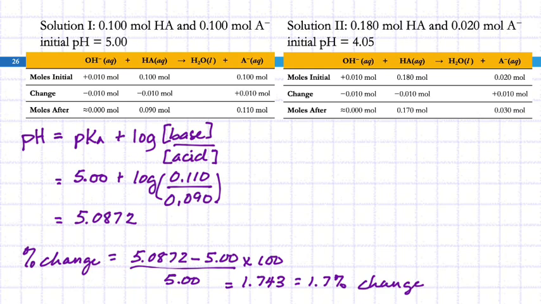Moles initial, change, moles after. This is a way of making the stoichiometry of this more visible, more visual, I should say, so that we can see what we're doing. After we add the hydroxide, we're going to have these new amounts.